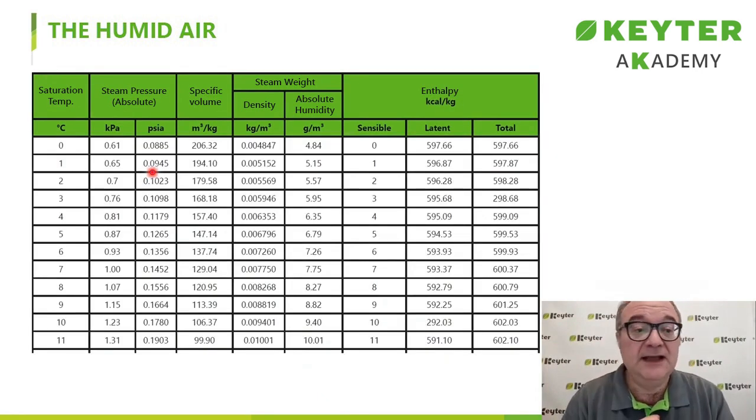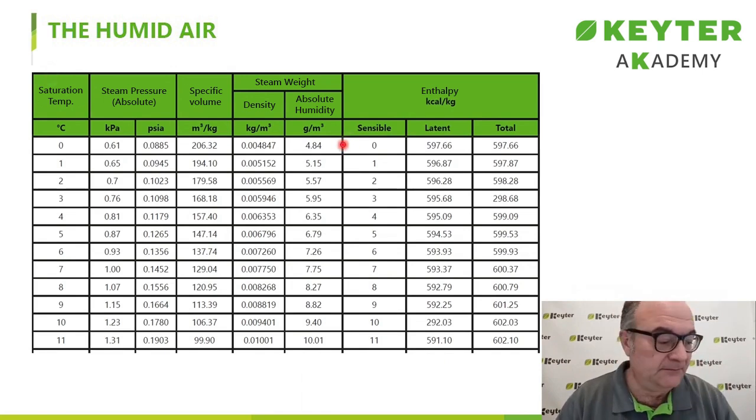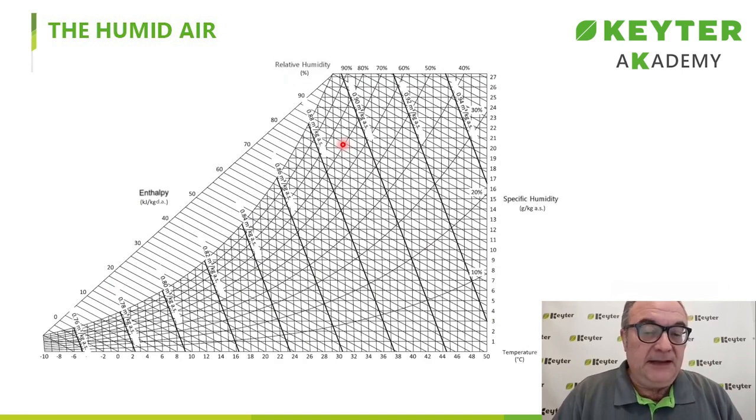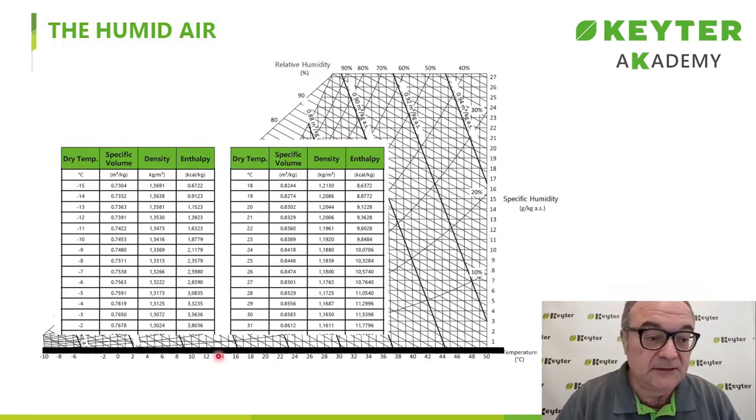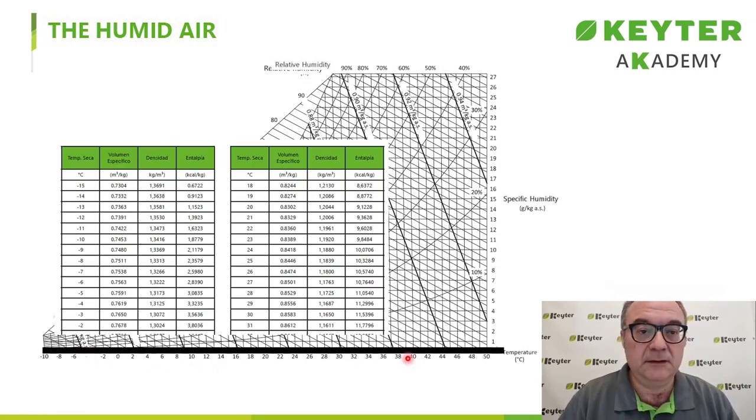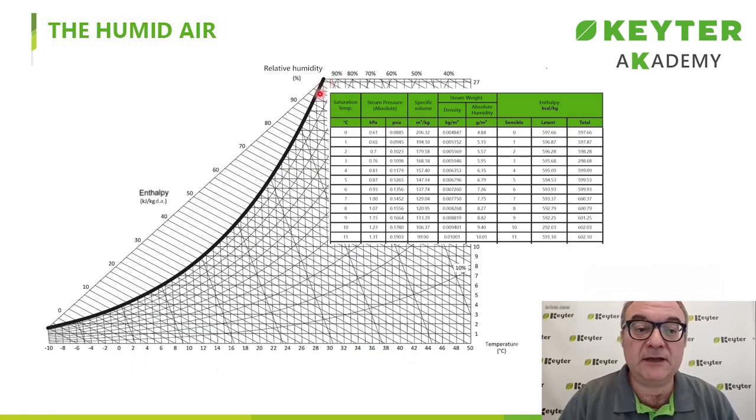Another table is for saturated air, at the saturation temperature: air full of water vapor that cannot hold more water. We obtain another set of characteristics from that table. In this diagram, the first table, the dry air table, would be just this line. With that, the table says very little, but the second table gives me saturated air, which is this line.